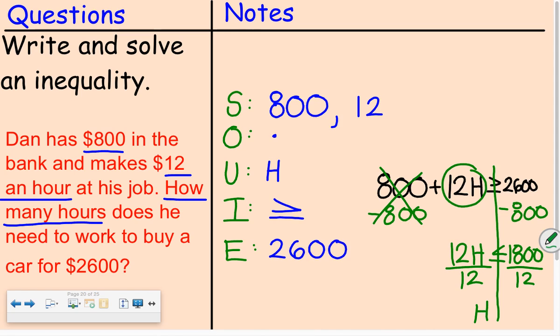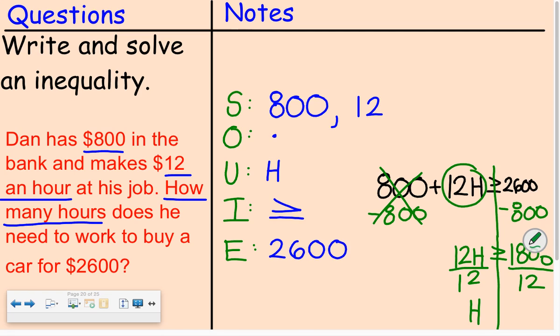And I have h is less than or equal to, or excuse me, greater than or equal to. I put the wrong inequality sign, let me switch that here. Sorry about that, can we rewrite this? So 12h is greater than or equal to 1,800, divide by 12.